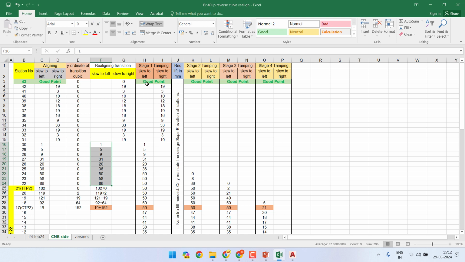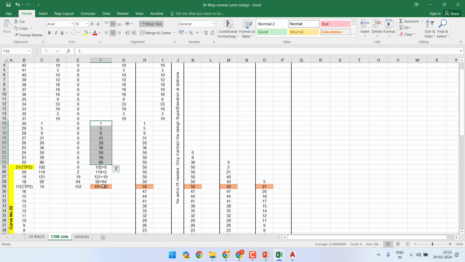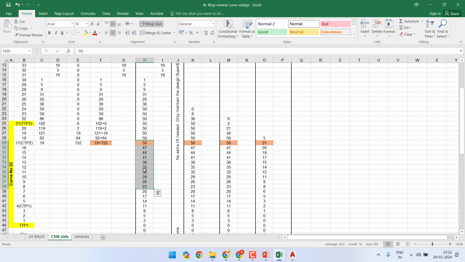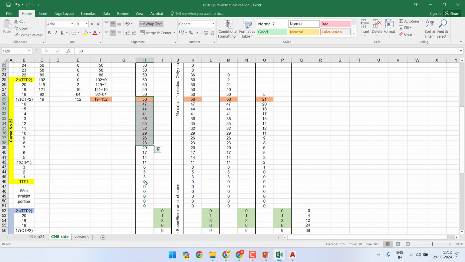So counting in both, we got the required slew overall till CTP2, and the slew at CTP2 was then progressively decreased till we got to the middle straight portion.